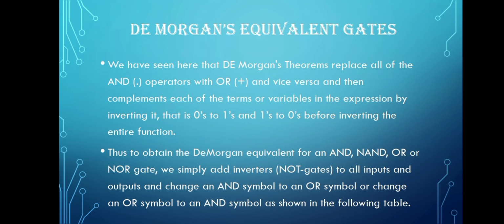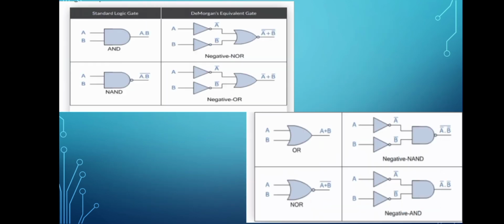We simply add inverted NOT gates to inputs and outputs and change an AND symbol to an OR symbol, or change an OR symbol to an AND symbol, as shown in the following table. As we see in the table, the AND symbol and OR symbol change into OR symbol and AND symbol, positive to negative or negative to positive.